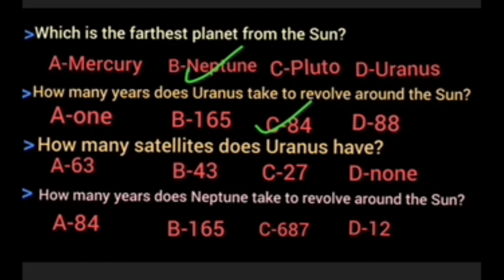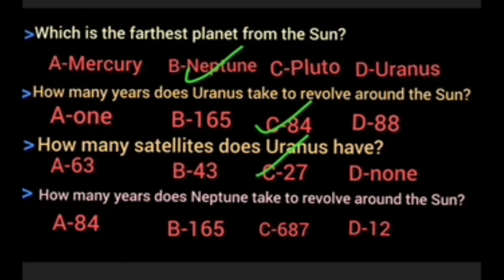How many satellites does Uranus have? A. 63, B. 43, C. 27, D. None. Answer C. 27 satellites. Next question.